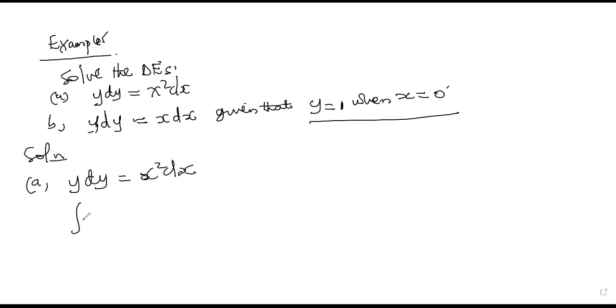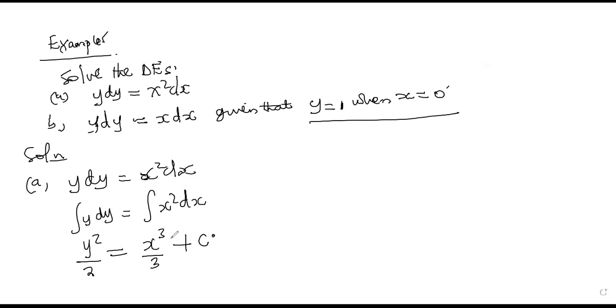So we shall integrate y dy is equal to integrate x squared dx. When you integrate y dy, we're going to get y squared over 2. You increase the power by 1, you divide by the new power. So we shall have y squared out of 2 is equal to, when you integrate here, you increase the power by 1 and divide by the new power, it will be x cubed out of 3 plus a constant of integration.